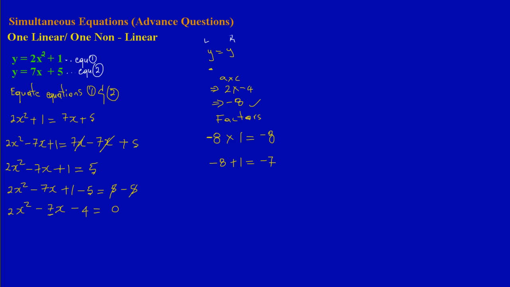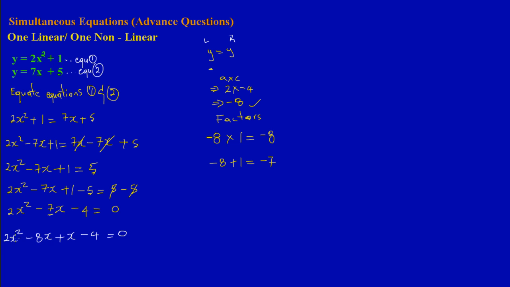Now I'm going to expand this: I have 2x squared, then negative 8x plus x minus 4, and that must equal 0.